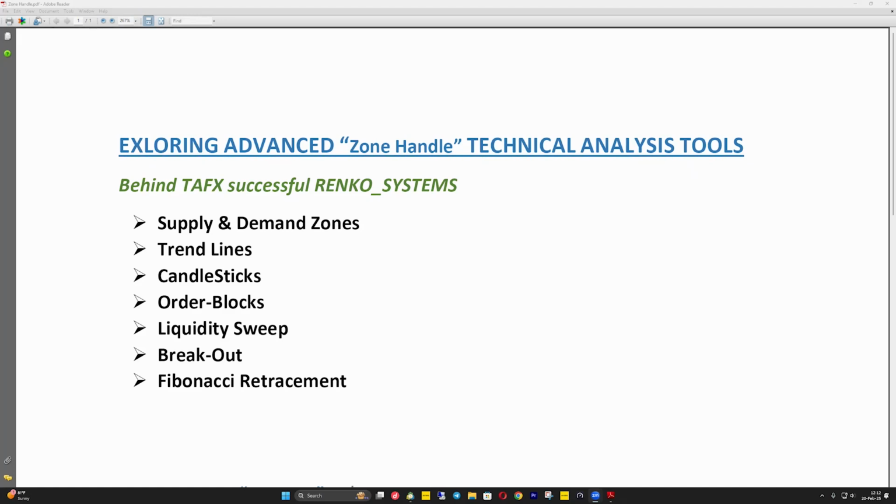This is for both experienced and non-experienced traders. Those who are experienced will love this, because this is what you have been doing manually, or what you have been struggling to understand. But thank God for TFX, because everything is coded professionally and it's able to give a professional technical analysis.